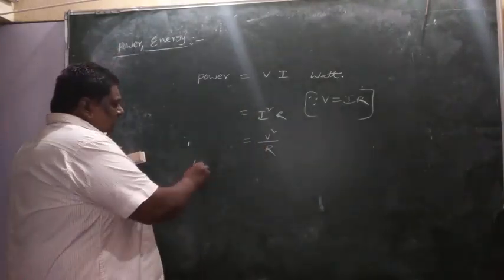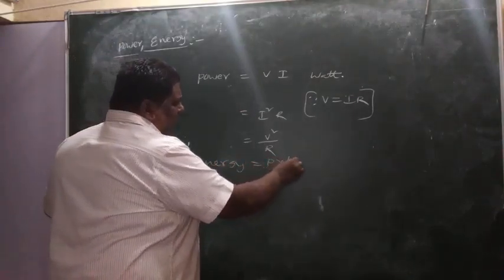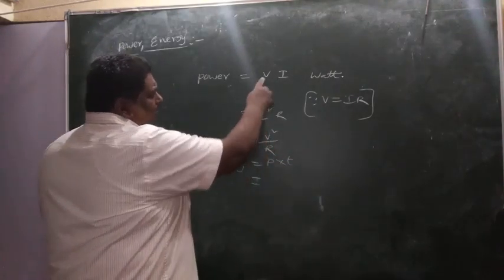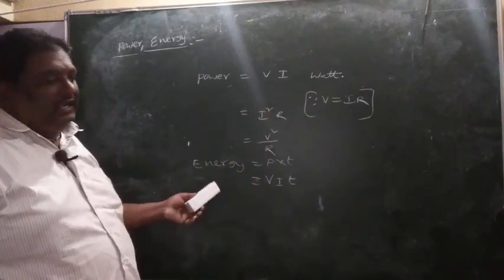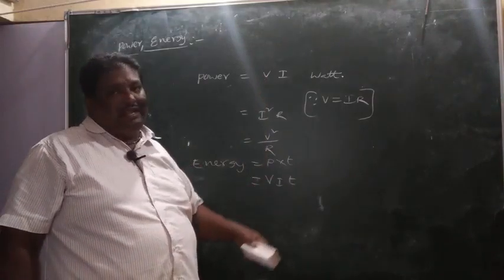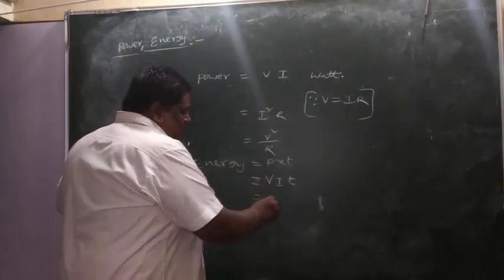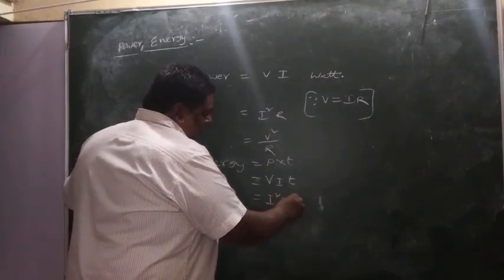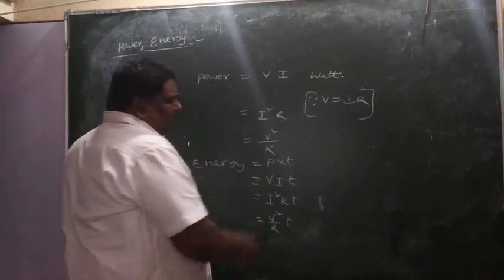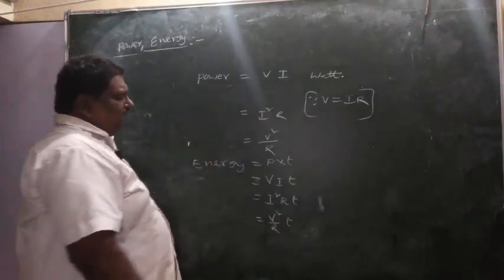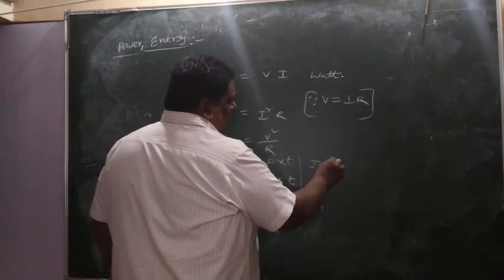What is energy? Energy is equal to power into time. Power value VI into T, VIT. Electrical energy formula is VIT, or we write I square RT or V square by R into T. Any formula you can use. Energy SI unit is joule.